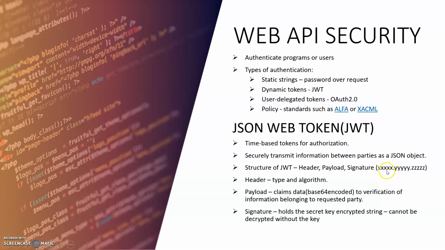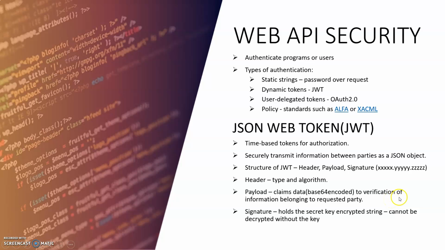Basically, the typical structure of a JSON Web Token looks like this, where this part represents the header section, which holds the type and algorithm of the token creation. The middle part represents the payload, which is basically the data that is required to verify the request, something like the name, the gender, email, something which is present within the claims that we use normally for creating the API security authentication.